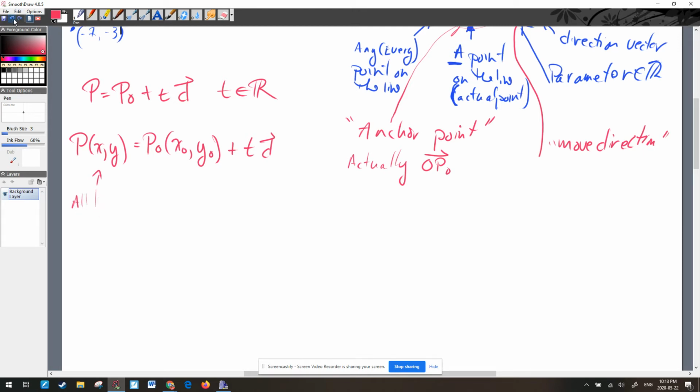This is all points on the line. This is the anchor point. And this is, of course, the direction vector. Okay, lovely.